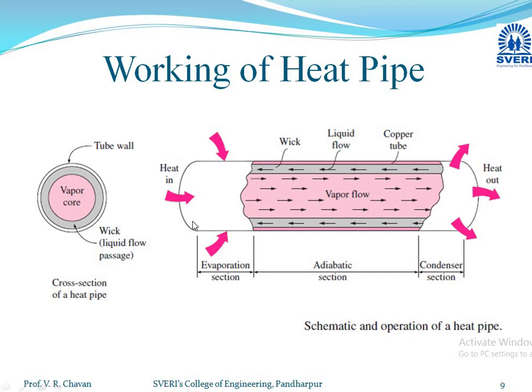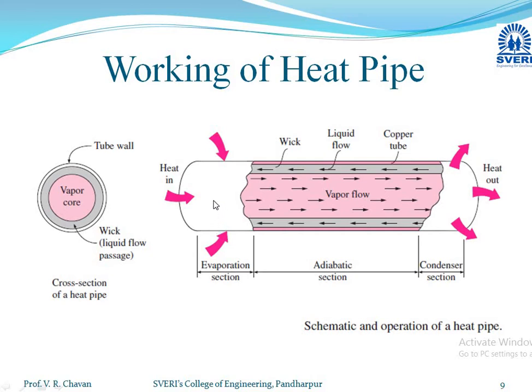Now in the wick structure in the evaporative section, liquid is present, or working fluid in a liquid form. As the heat is received by this section, the liquid will convert into vapor.